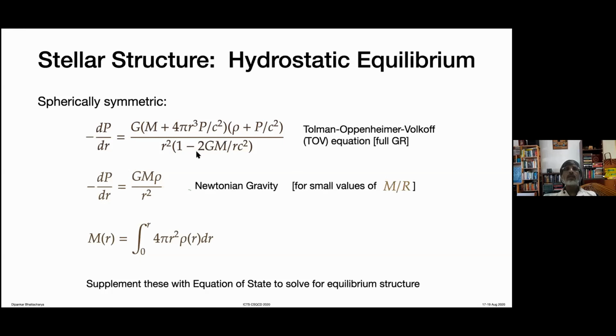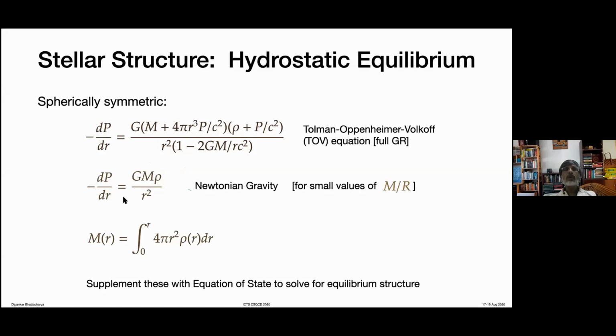So this quantity is almost negligible for normal stars, and we can just drop this term and have R squared at the bottom. And these other terms, which come from special relativity, are also very small for normal stars. So these additional terms, P by c squared, are very, very small compared to the density. So therefore, we can ignore these two.